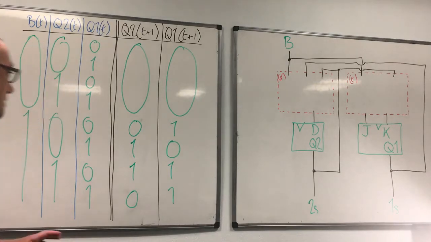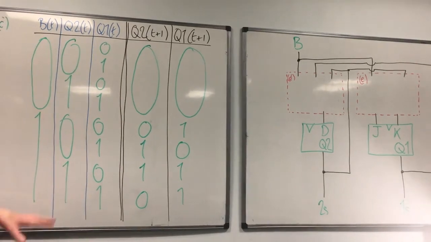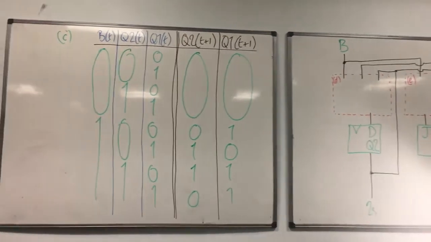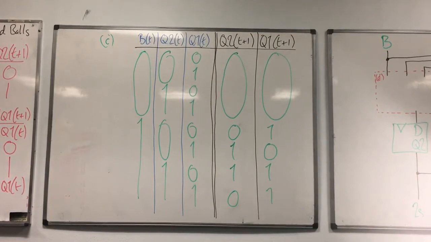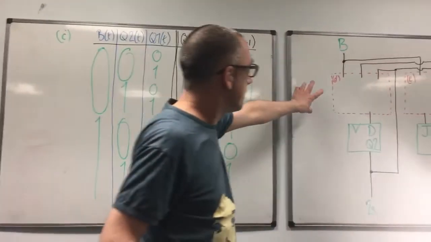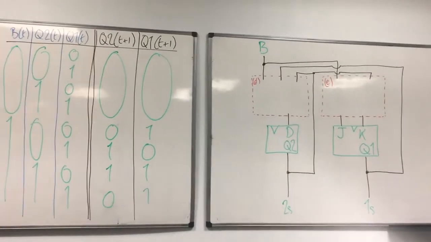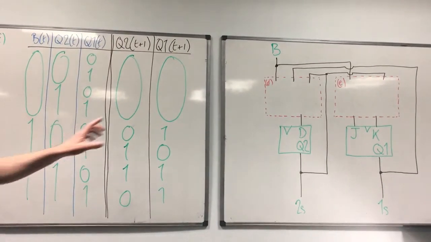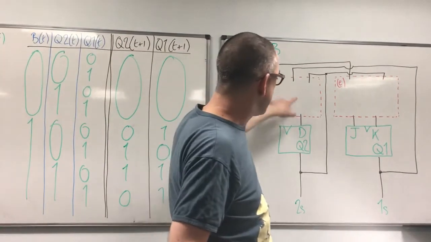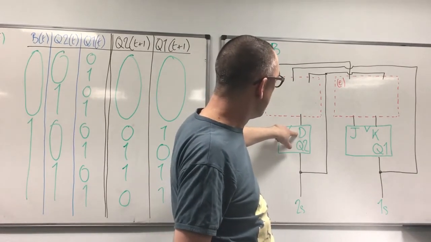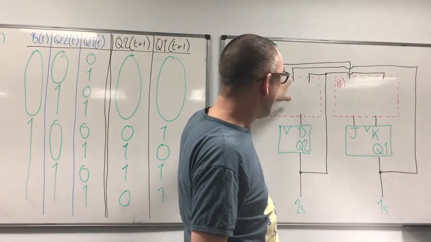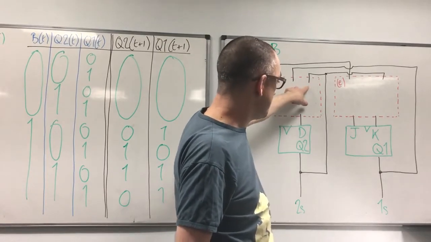Now, we've built the truth table that explains how the circuit should step at each stage. The rest of our task is to fill in the missing components of the circuit. So let's see what we have to do. In part D, we can see that we need to explain how to control D given B and Q1 and Q2.